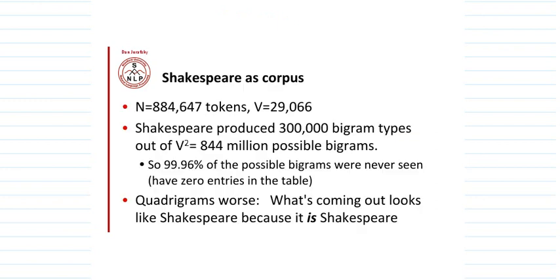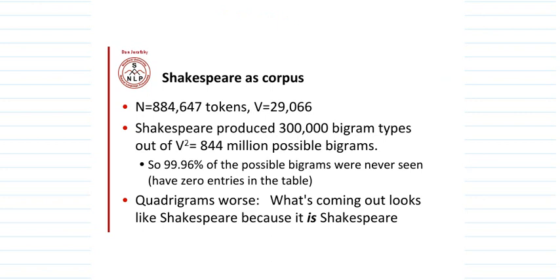So the problem with bigrams, or in general n-grams, is that there are a lot of zero entries in the tables, right? In the case of the Shakespeare corpus, for 29,066 unique words, there will be 844 million possible bigrams.